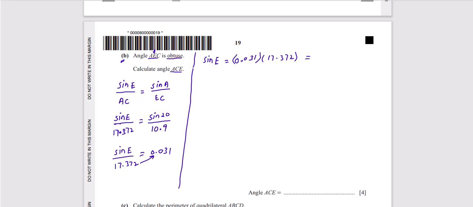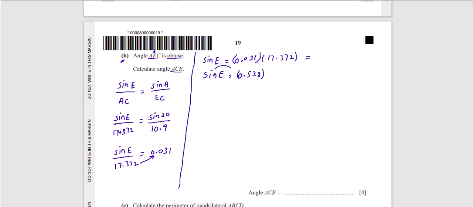Multiply these values, we get sine E is equal to 0.538.